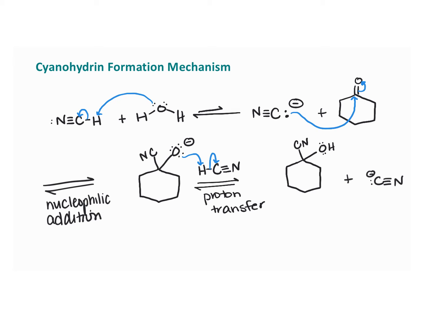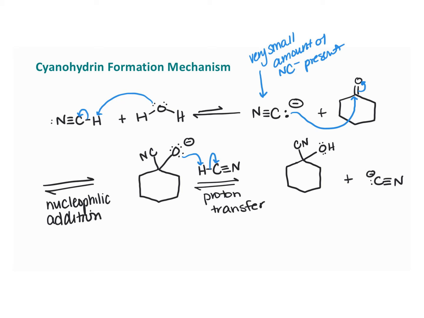And one of the big things I want to point out here is there's really a very small amount of NC minus present. Okay, it's very, very small. That's why I gave the equilibrium arrows like I did. So the equilibrium really lies over here.